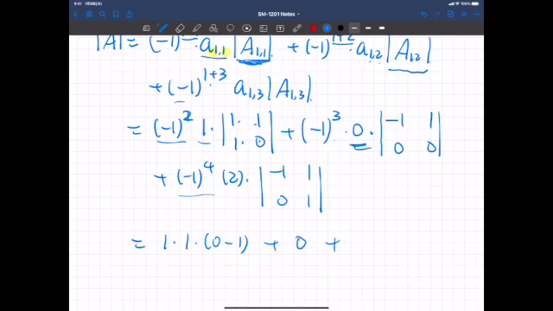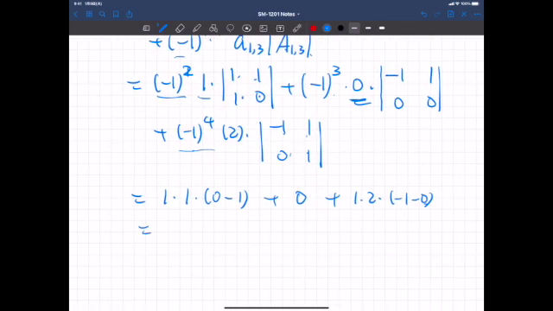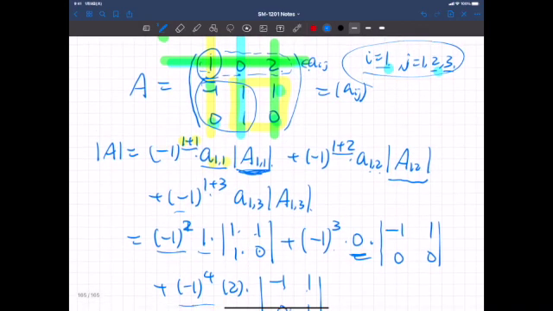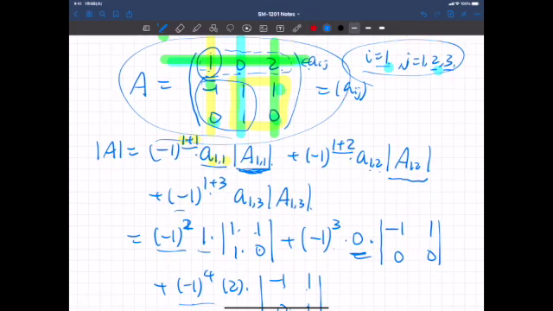And the third is 1 times 2 times negative 1 times 1 minus 0. So that is negative 1, and this is negative 2, and the result is negative 3. That is the determinant of this matrix.